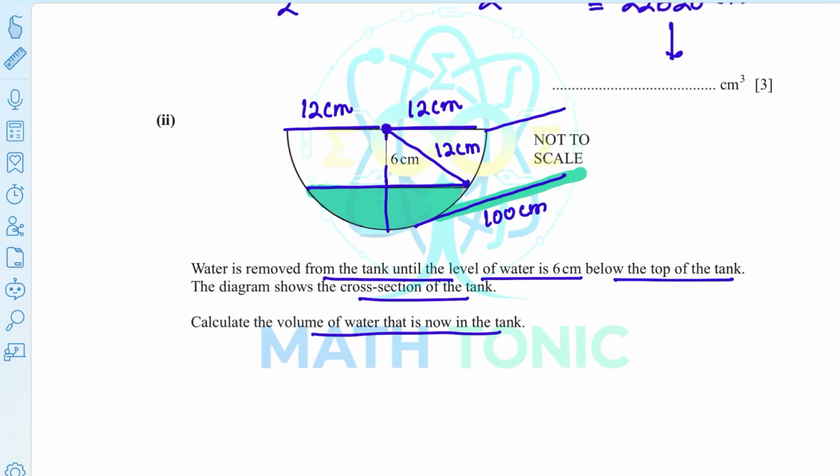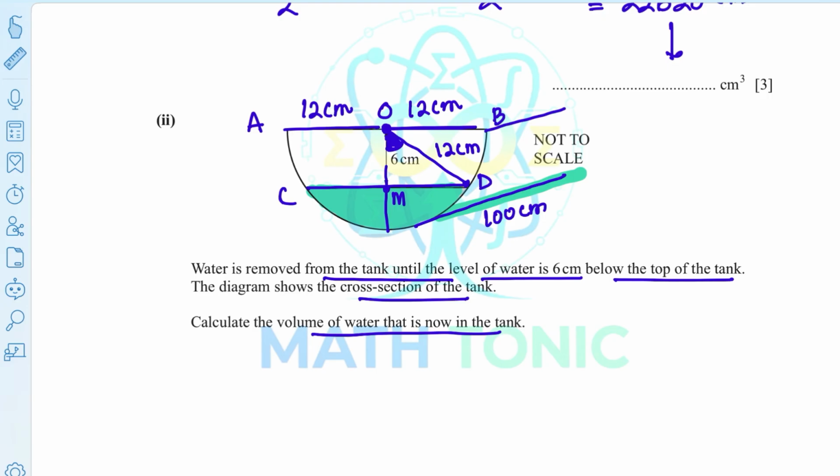Okay, now let me name this for your better understanding. This is for example A, this one is B, this is O, this is C, this is D, and this point I'm naming M. Is it okay? Right, now if I ask you what will be the angle for this one, I'm talking about this.